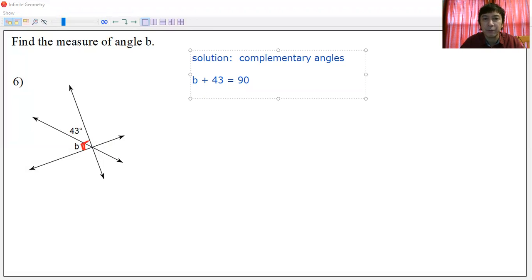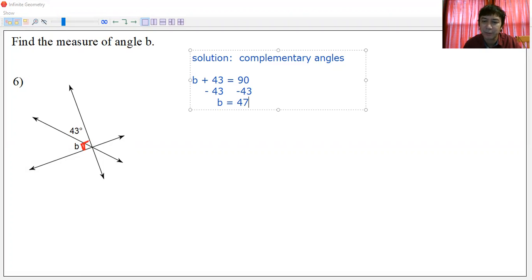Solving the linear equation, subtract 43 from both sides. This will be variable B, and this should give us 47. That should become 47 degrees. All right, and so we can verify the answer.